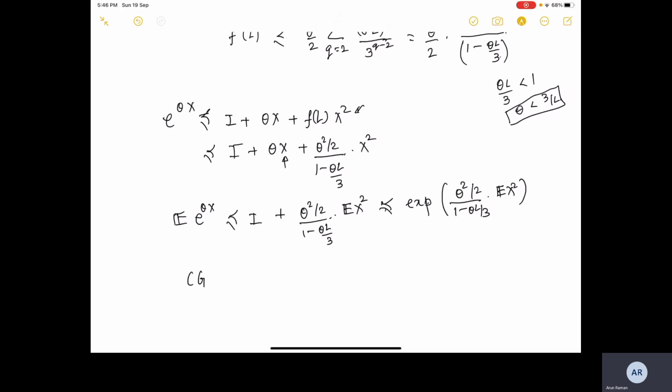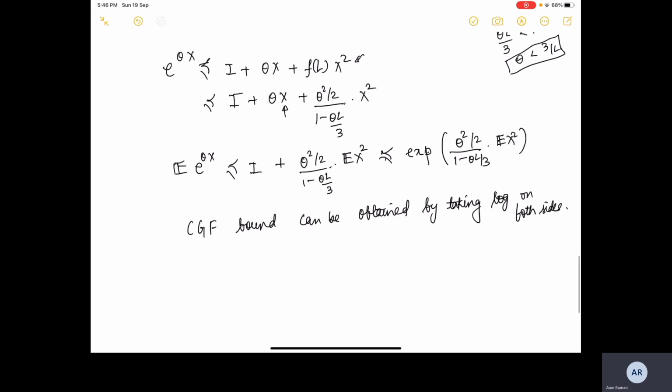Now the CGF bound can be obtained by taking logarithm on both sides. So we'll not discuss that in detail.